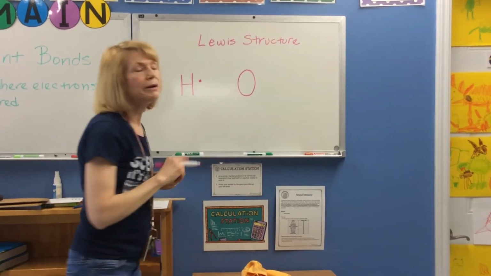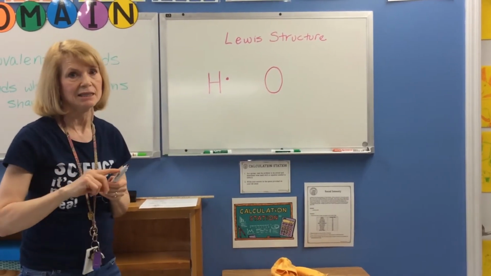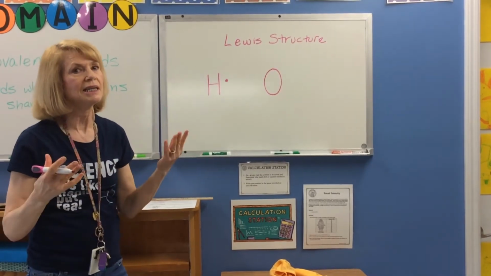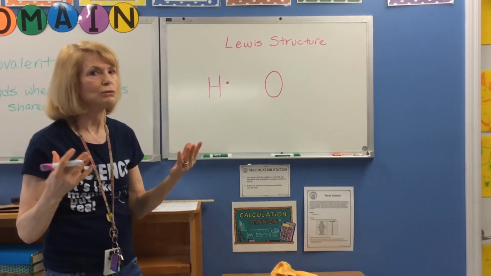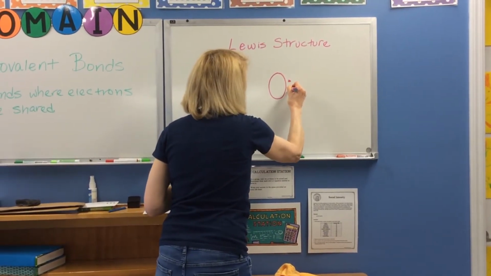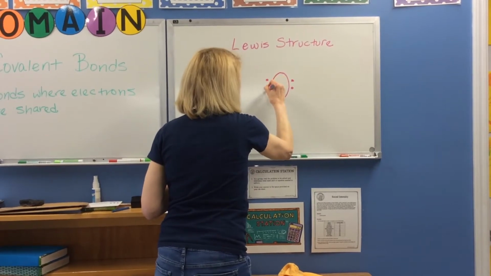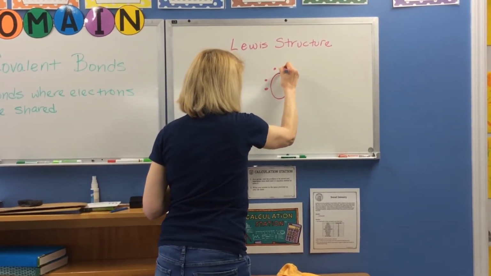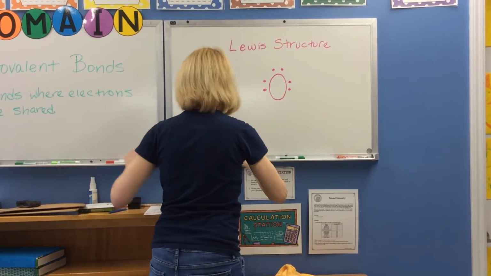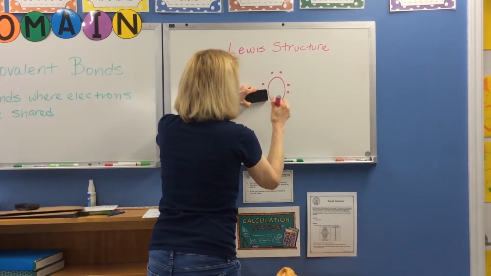If you look on the periodic table, oxygen is in column number 6, which tells us it has 6 valence electrons. So I'm going to have one here, one here, one here, one here, one here, one here. I am going to move one of them. I'm going to put 2 down here instead.